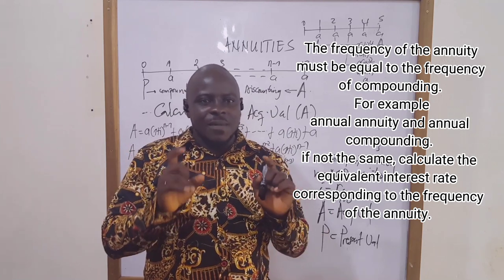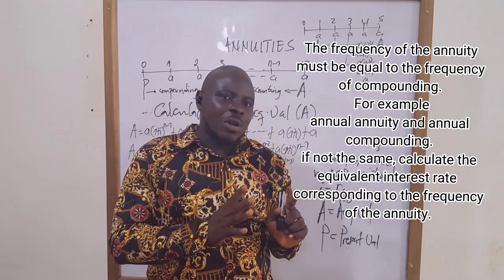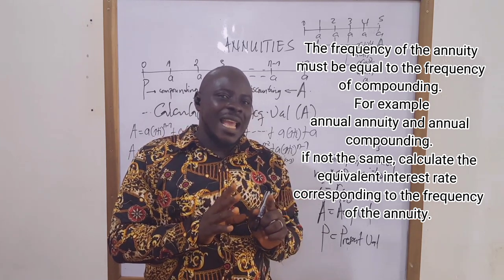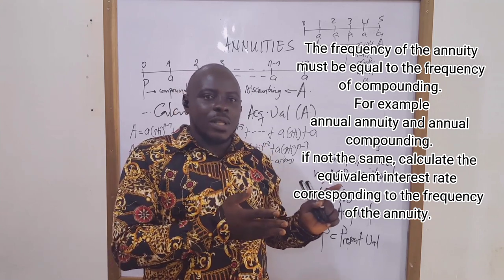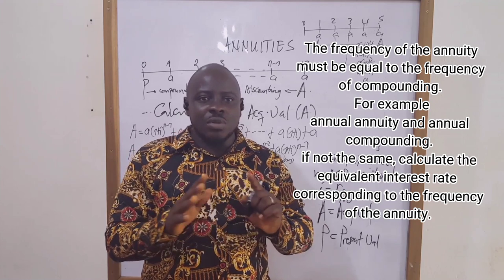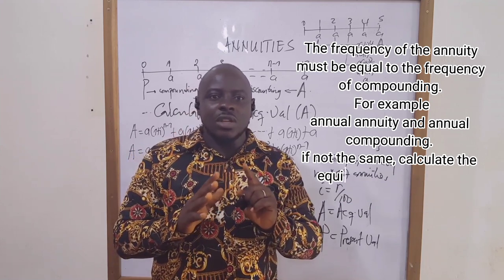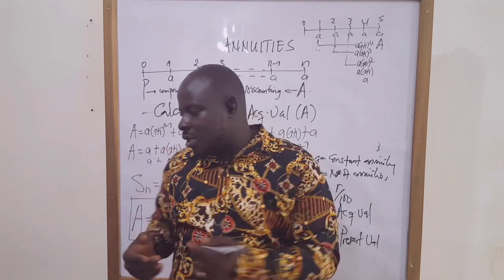But if there is a difference, you need to make it the same, right? You are going to calculate the equivalent rate that matches the frequency of the annuity. Very, very important, because if you do not do it like that, it is not actually going to be possible for you to calculate. We are going to see how that functions here.